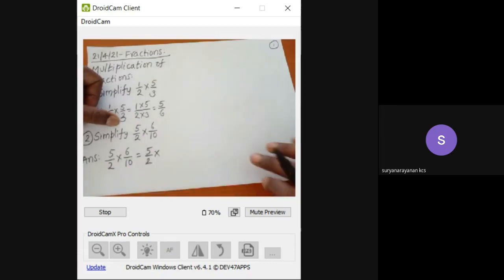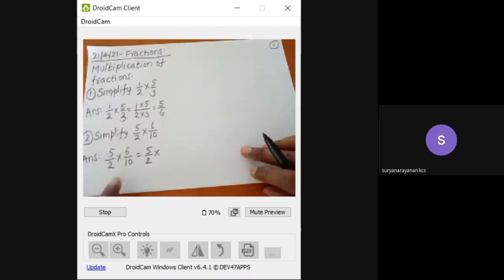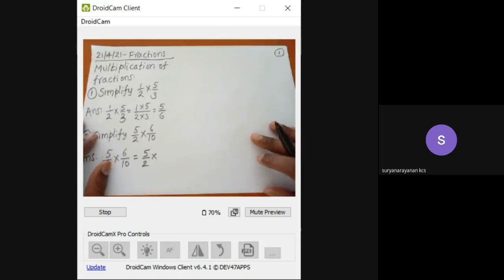What is the HCF of 6 and 10? With the help of HCF, we can write a fraction in its simplest form. What is HCF of 6 and 10? Can you tell me? Find out, my dear children. HCF of 6 and 10. Are you finding HCF?